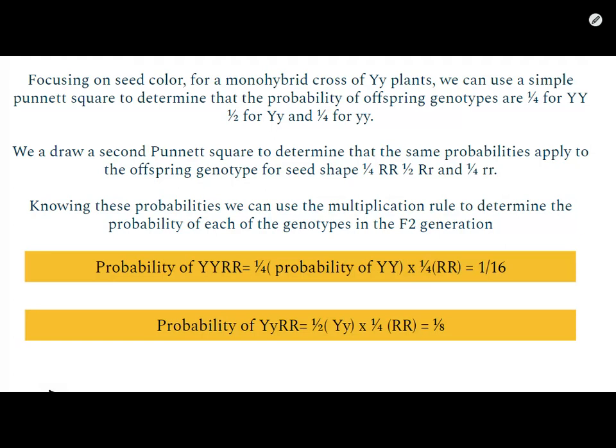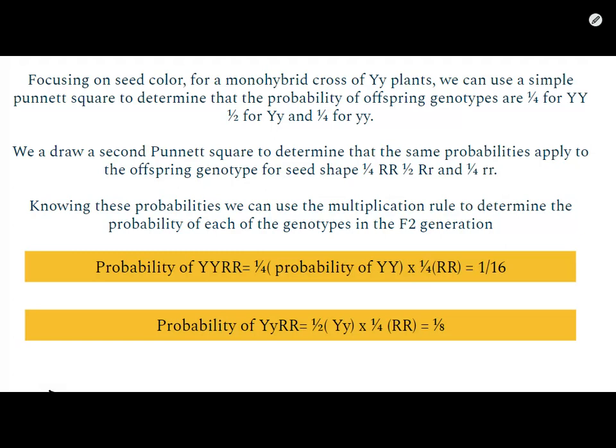We know that the probability to get a heterozygous offspring is 1/4. A homozygous dominant offspring is 1/2, and a homozygous recessive offspring is 1/2.